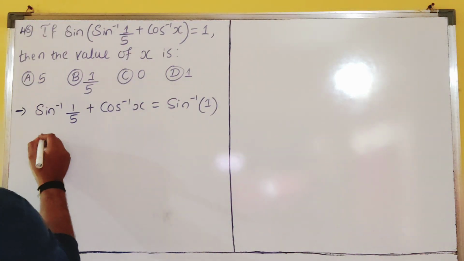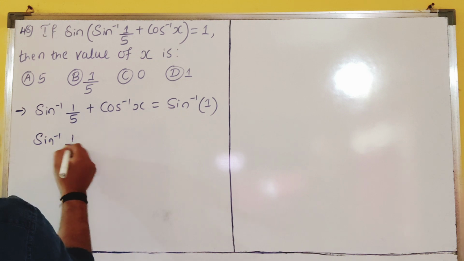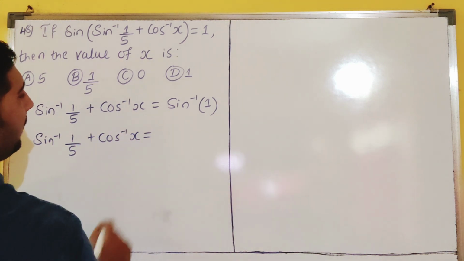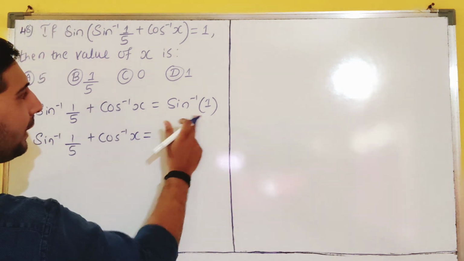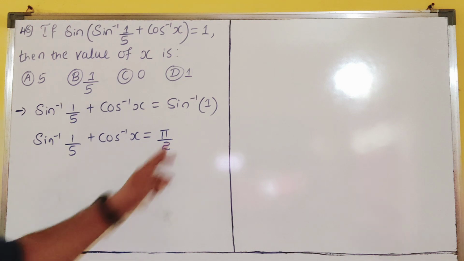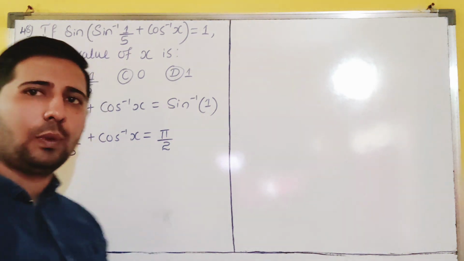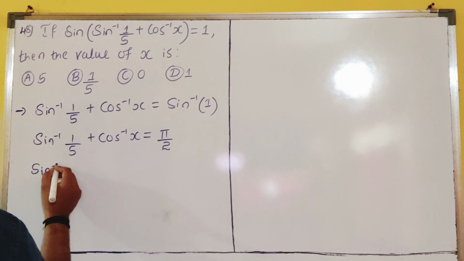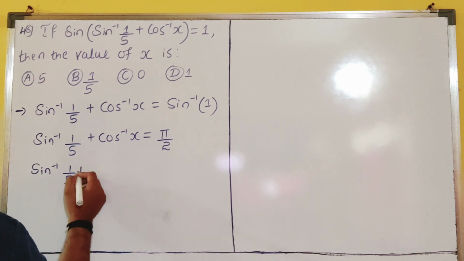Now see, sine inverse 1 by 5 plus cos inverse x is equal to sine inverse 1, which will become pi by 2. Sine inverse 1 is pi by 2. Now see, there are several methods to follow this. Both the methods I will say.